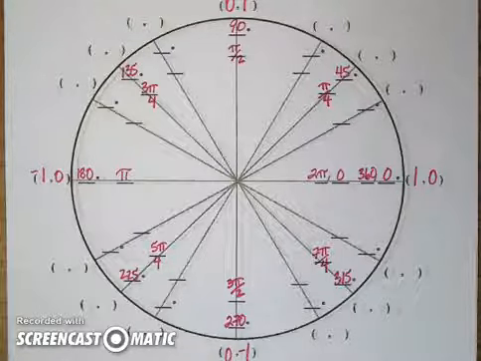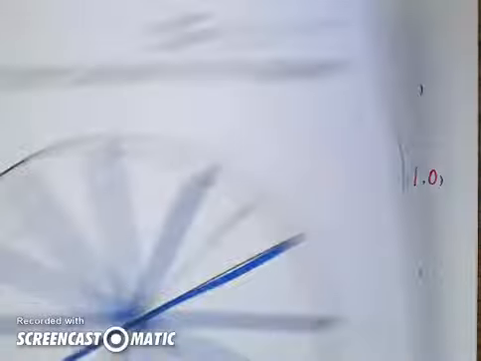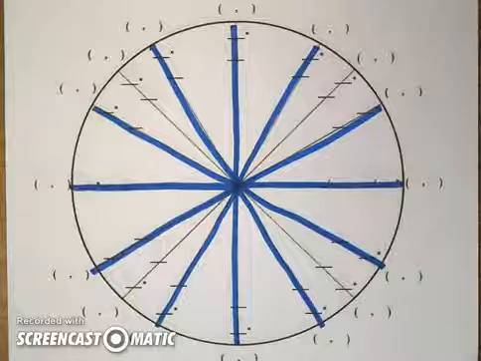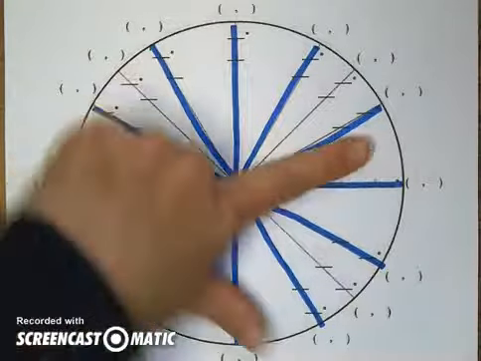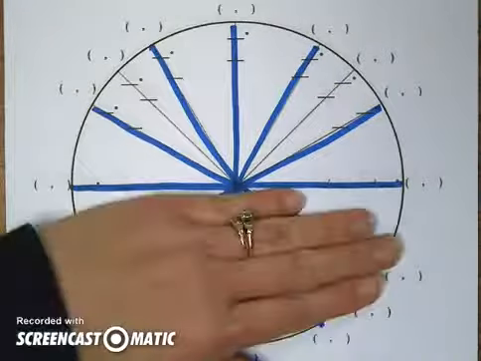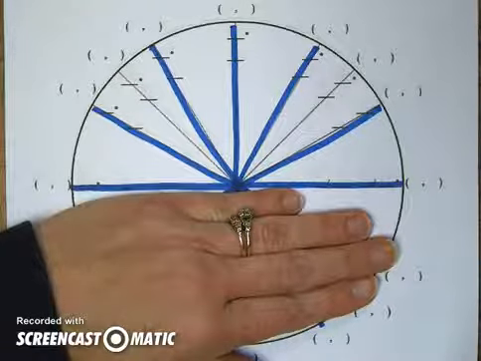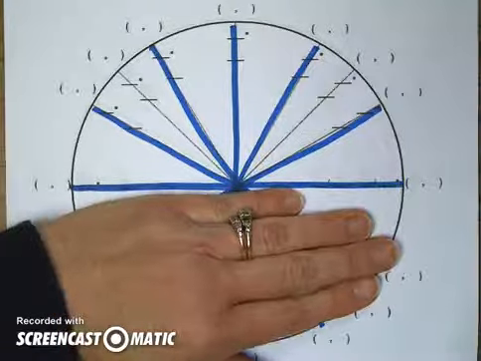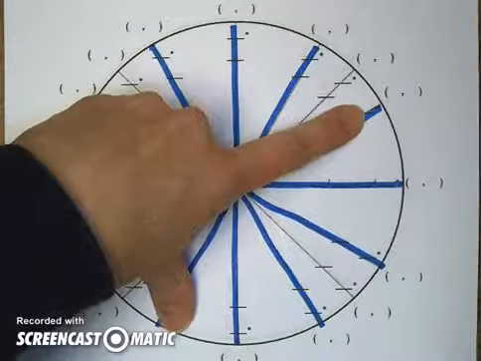If you come up 30 degrees, the 30-degree mark splits your circle into this many pieces. All right, 30, 30, 30, 30, 30, 30. It's splitting a whole pie into sixths. So the first part is 30 degrees, or pi over 6.